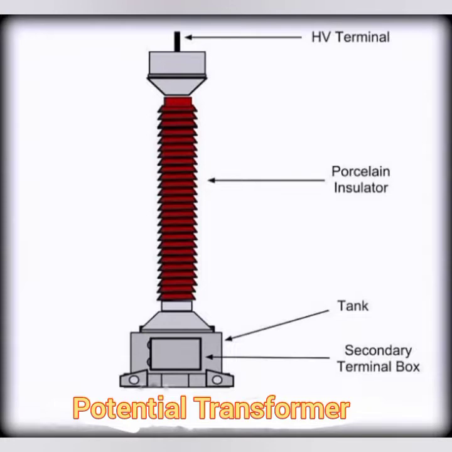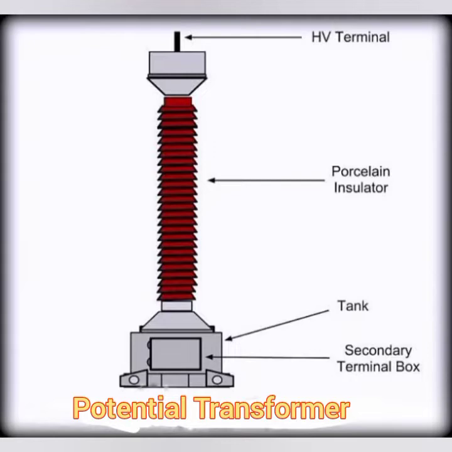It comprises HV terminals where the primary connections are made, and the portion which has a porcelain insulator is your insulating medium. Here the HV terminal has your primary windings, and coming down to the tank portion which has a secondary box unit, that secondary unit comprises your secondary windings.